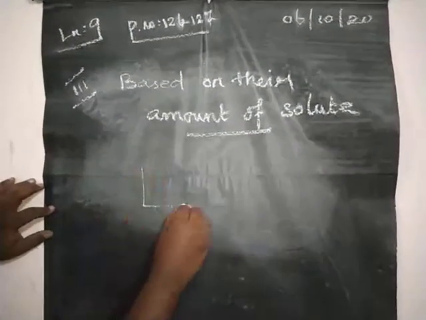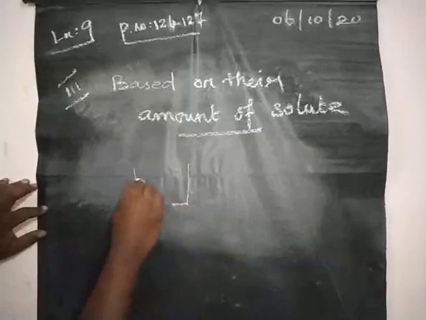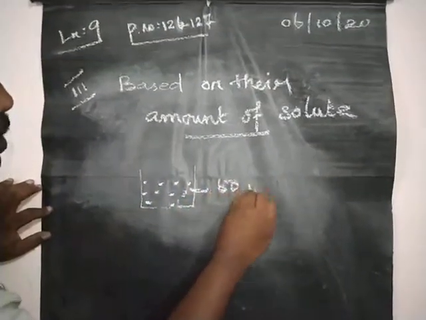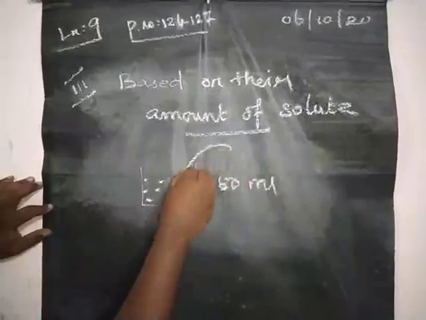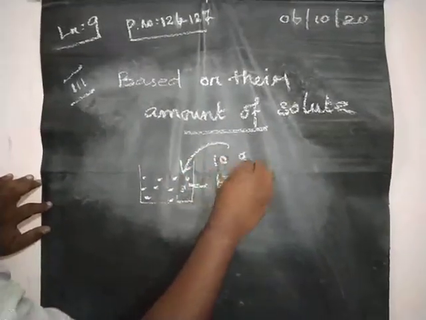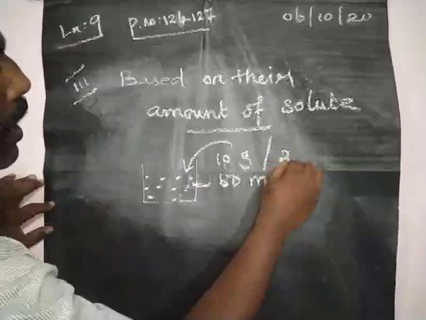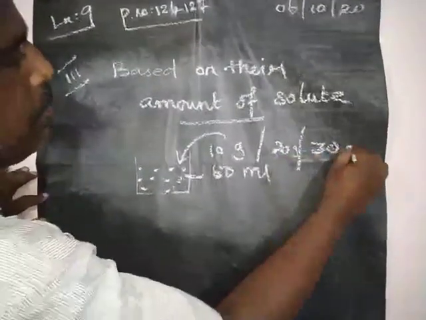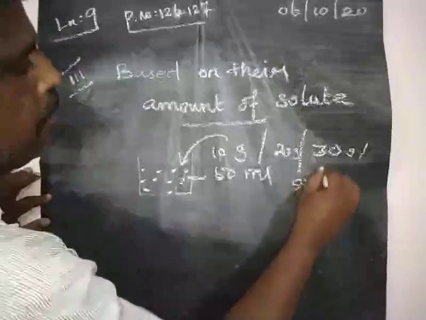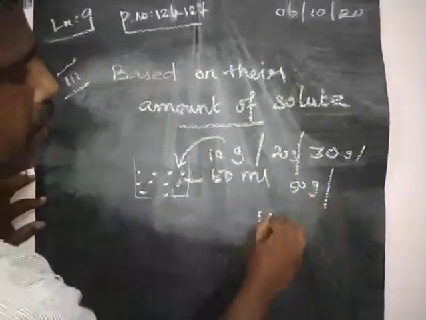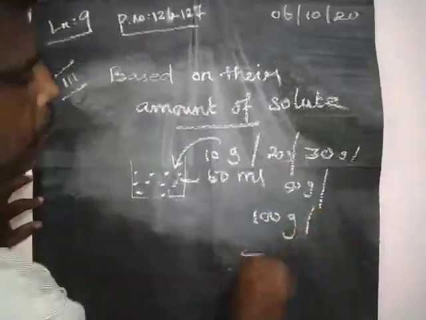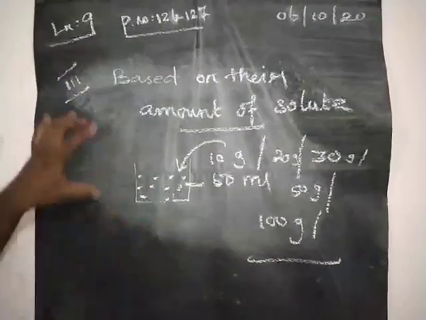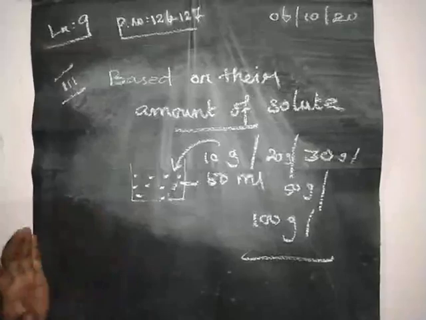If you take one beaker and add 50 ml of water, and then add 10 gram of a substance, sometimes 20 gram, sometimes 30 gram, 50 gram, or 100 gram, what will happen? Based on the amount of solute, a solution can be classified into three types.